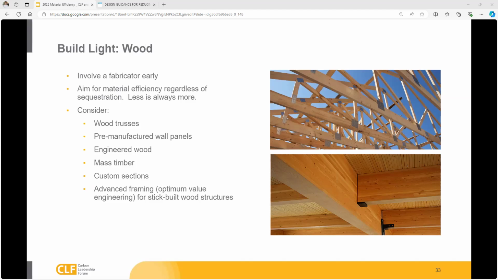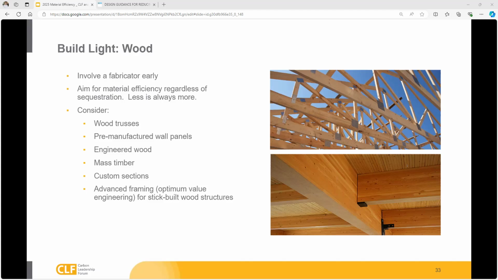For wood, similar to steel, involve your fabricator. They're generally there to help, and aim for material efficiency regardless of sequestration. When you're looking at how much material to use, if you account for sequestered carbon, it can encourage more material consumption.